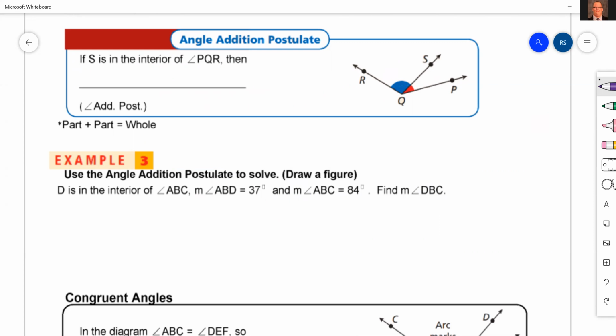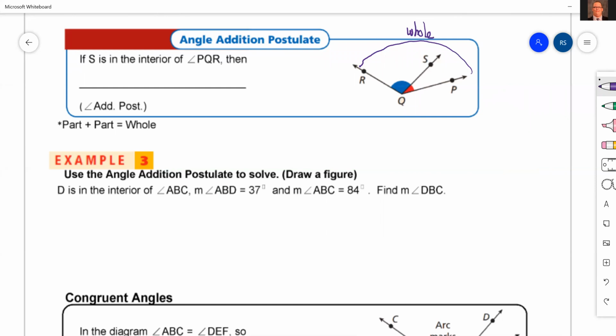So if S is in the interior of angle PQR, then this was kind of like that segment addition postulate we did yesterday. So saying S is in the middle of the whole big angle here. So I just kind of gave y'all a hint. This is whole.